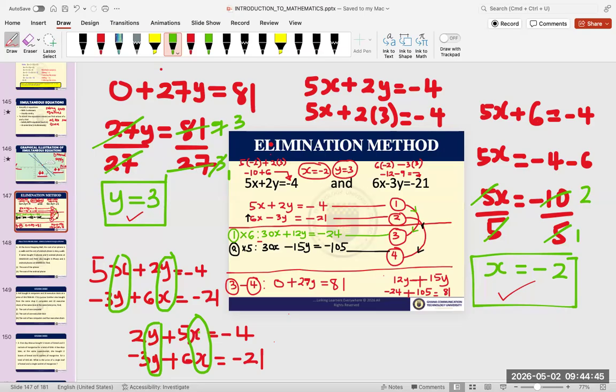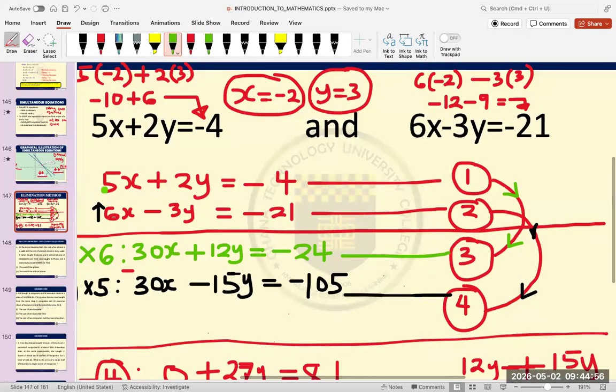If they write the x first, make sure all the x are starting. That is all. So this one too can work, but you have to follow the order. And this is the order you were given, that x should be the first variable, y should be the second variable.